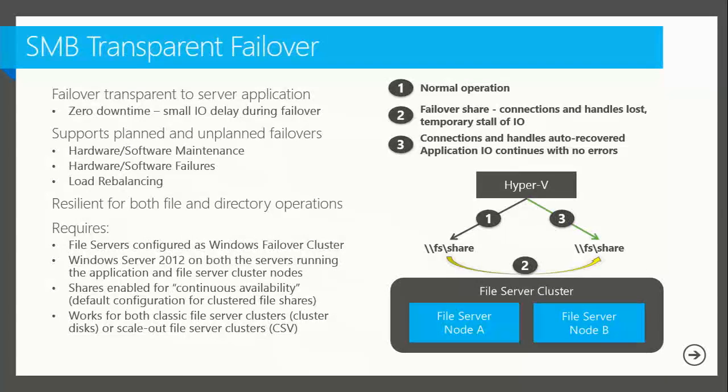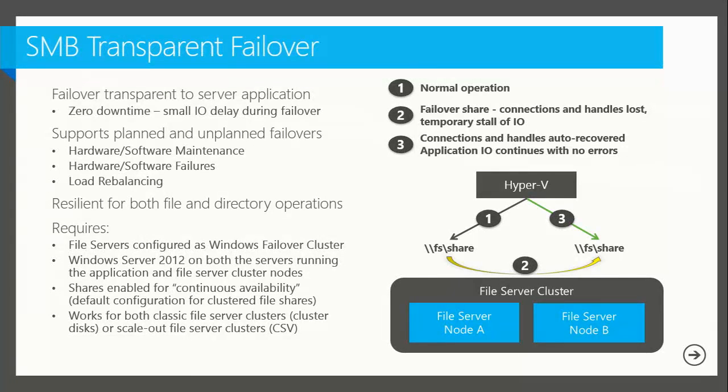There has to be more intelligence to say, oh, you're trying to resume this operation? What is your current state on that? Oh, I see. We actually already renamed the file. We just didn't send you the response. So instead of trying to rename the file again, we'll just resume what we were doing, and we'll send you the response back. And again, Hyper-V or SQL, or whatever is the client using that file server, will not see an error.